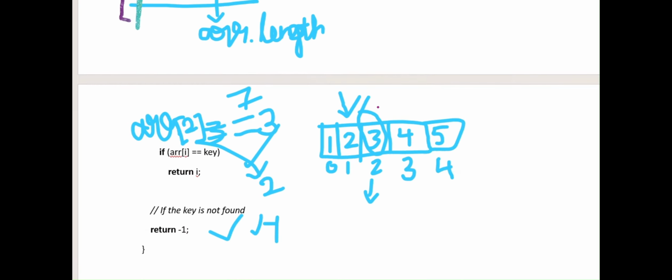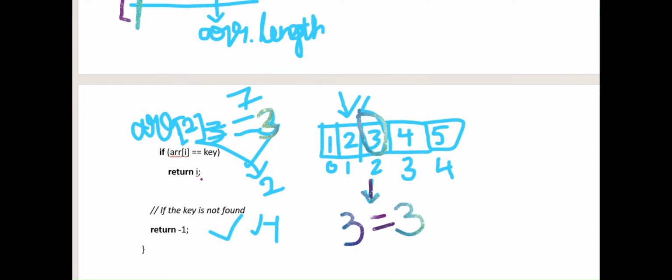If you are looking for the value 3, then it will be found at index 2. Here we wrote array of i equal to key. Key is 3. In the present array, we have array of 2 equal to 3. 3 equal to 3. Yes, the condition is true.